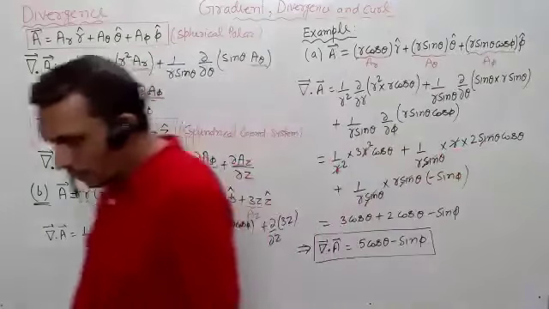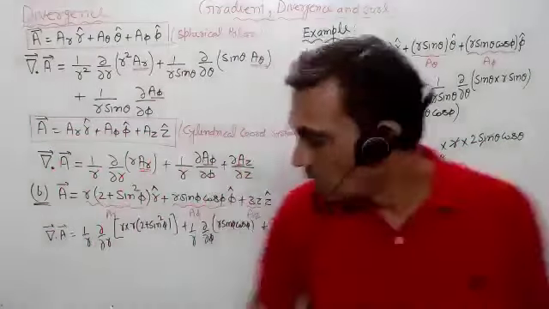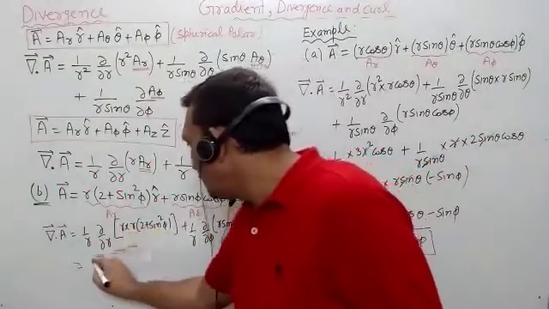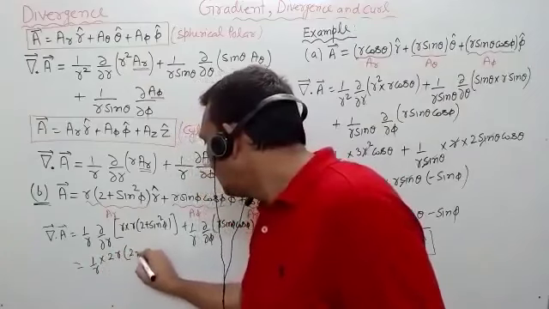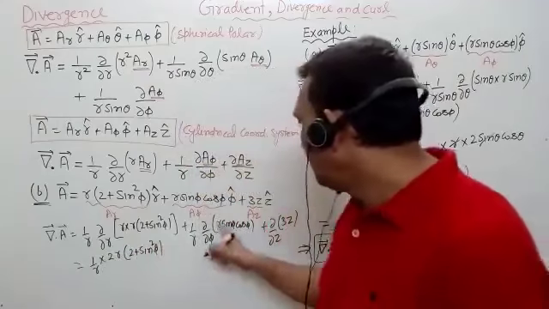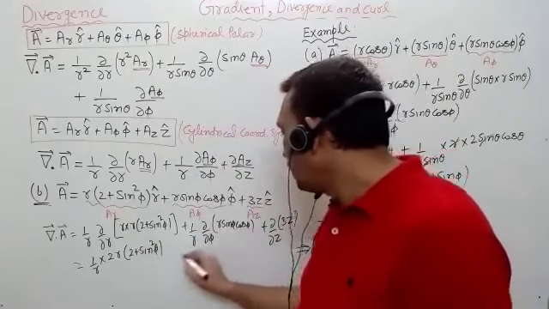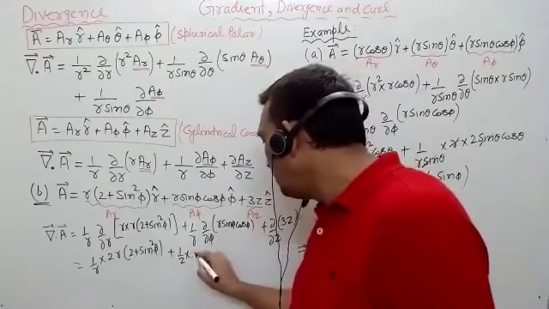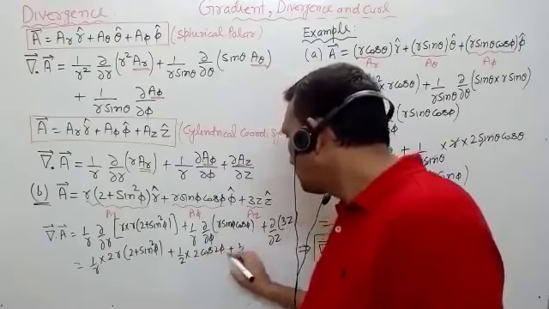So let us calculate this. r square will give you 2r, so 1 by r into 2r times 2 plus sine square phi. Again this r will cancel out. So you will get sine phi cos phi, take half sine, so that will give you sine 2 phi, derivative of sine 2 phi is 2 cos 2 phi, plus 3.